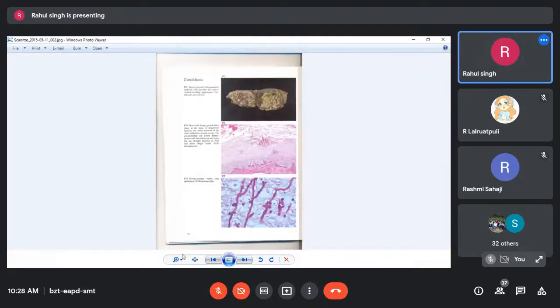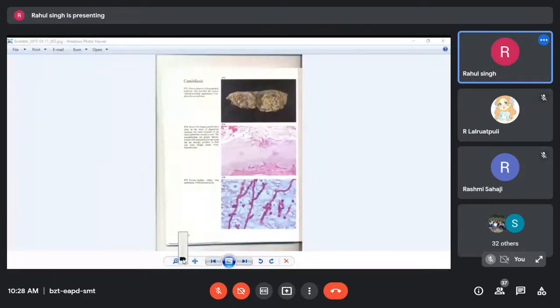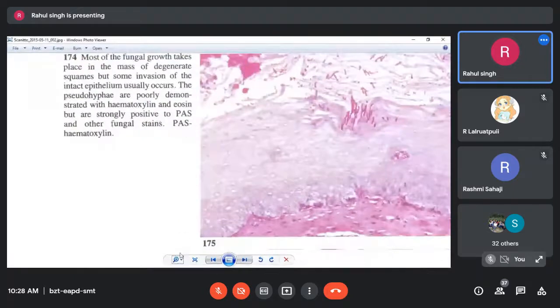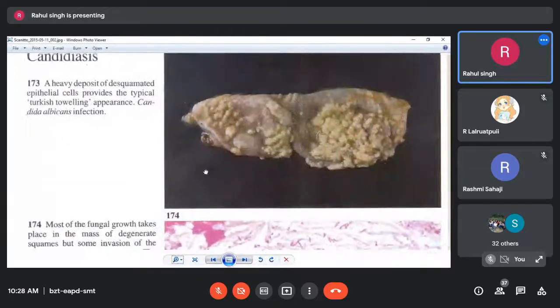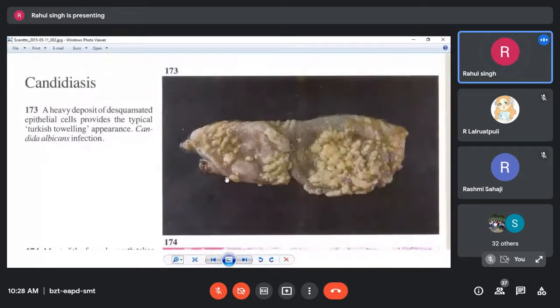So we go ahead to some other manifestations. What we see here is once again candidiosis, and once again the Turkish towel-like appearance, deposits of fibrinous material.